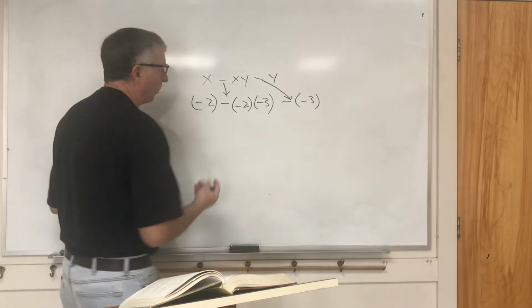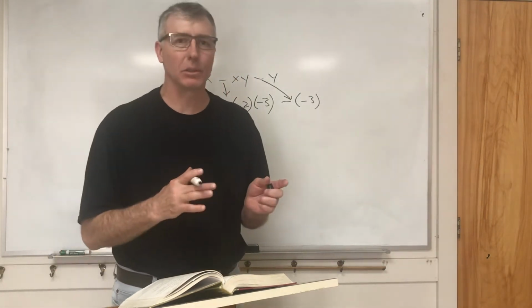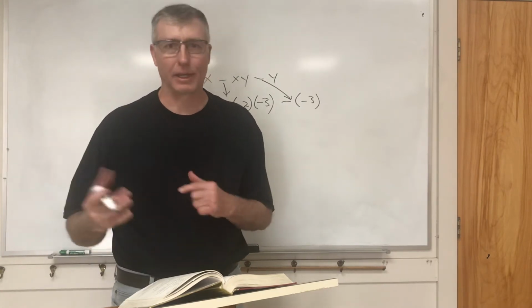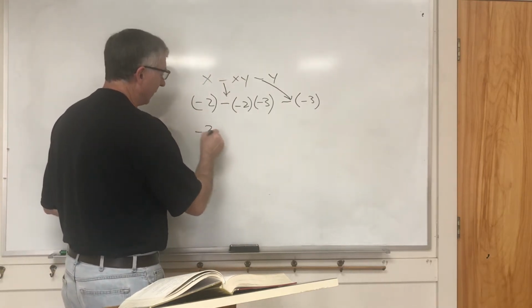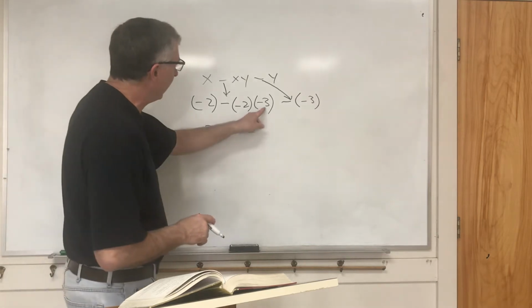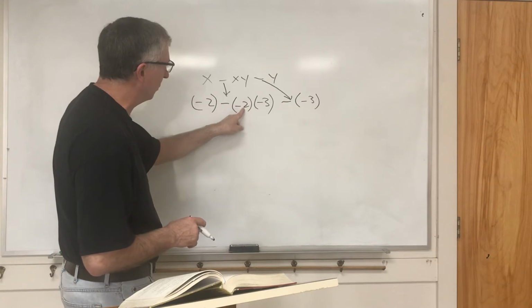And so what we want to work towards is a series of numbers with positive or negative signs, and the right sign in front of them, obviously. And so this negative 2 is by itself, so I just write down a negative 2. Now right in here, I have a negative 3 times a negative 2, which gives us a positive 6.